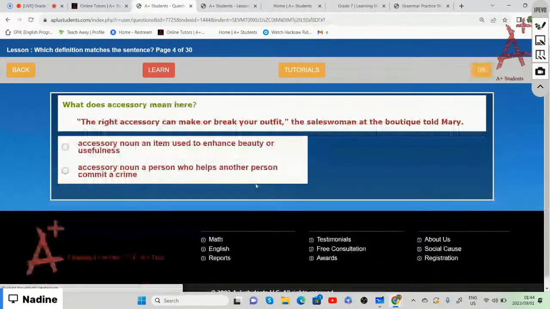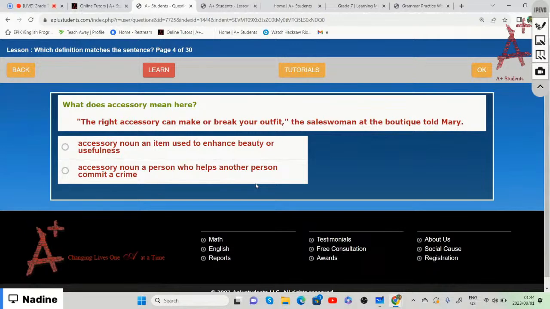And the last one. The right accessory can make or break your outfit, the saleswoman at the boutique told Mary. So an accessory is something that you put on to enhance your beauty, right? The focus is not just on clothes, but it can also be on your beads, bangles, necklace, rings, anything.